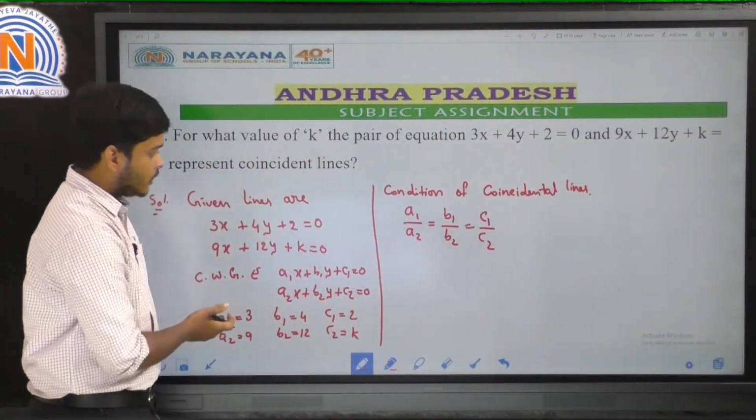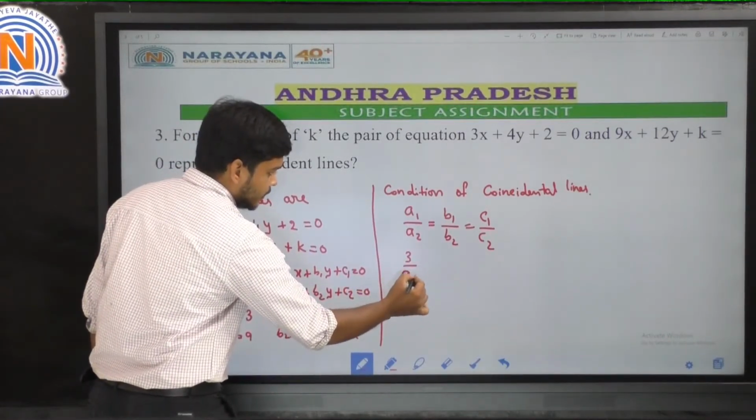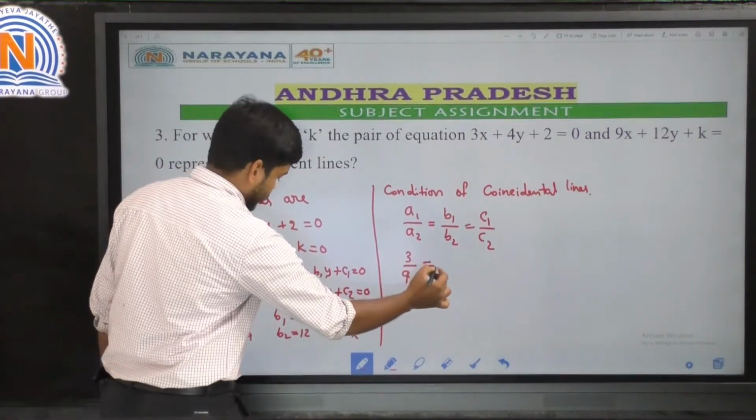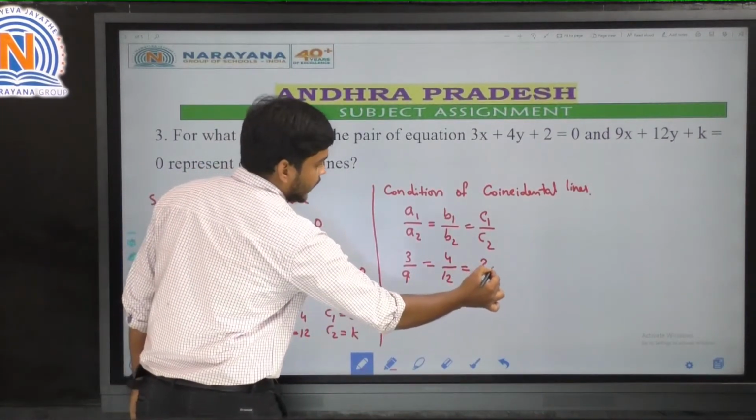Substitute all the coefficients in the ratios: 3 by 9 is equal to 4 by 12 is equal to 2 by k.